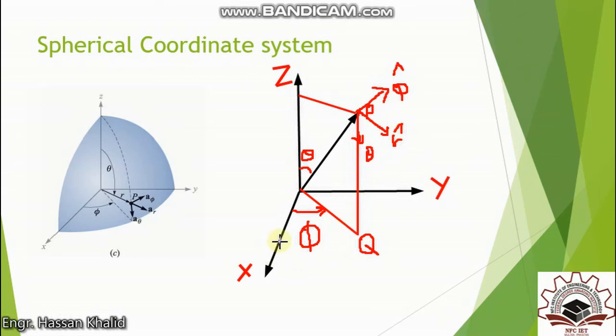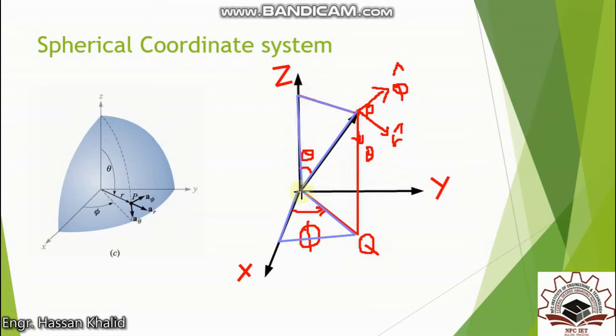Now let me draw the perpendicular line extending from the x-axis toward the point Q, and you can see that one triangle is formed over here and a second triangle is formed over here.